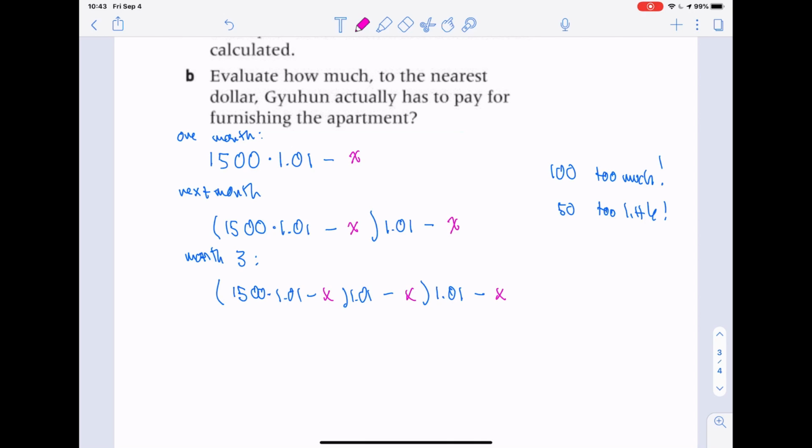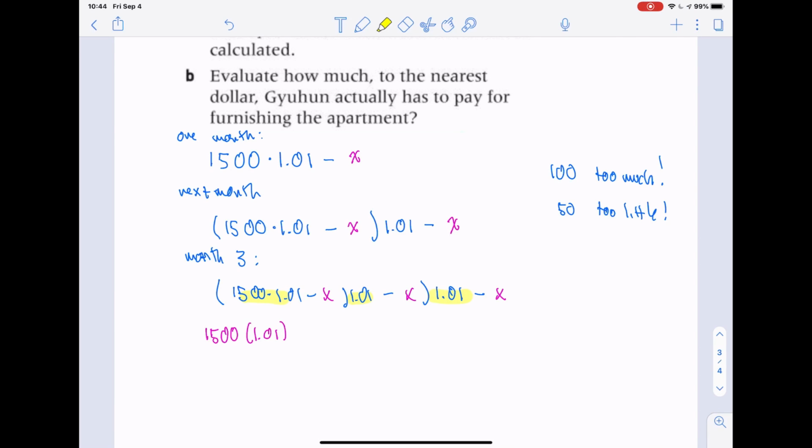Because if we think about it, we're always taking 1,500 and multiplying it by 1.01. If we were to distribute in each of these cases, it's 1,500 times 1.01 times however many months have gone by. So for month 3, we're taking 1,500 and multiplying it by 1.01 once, twice, 3 times.